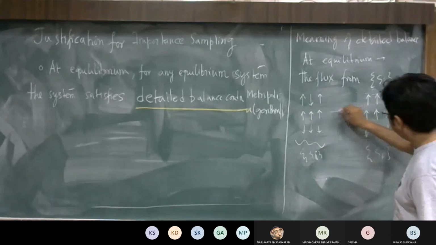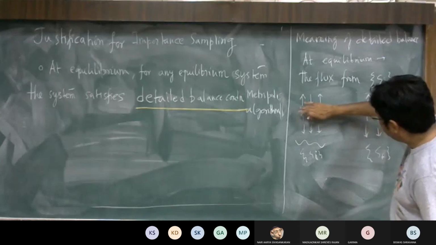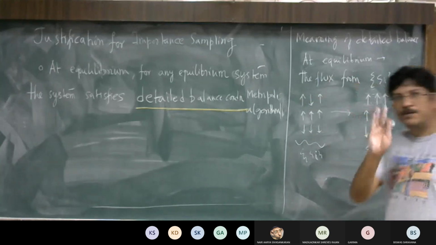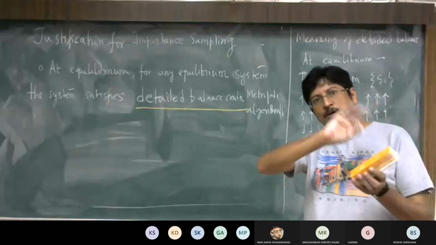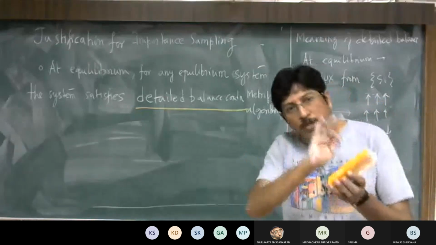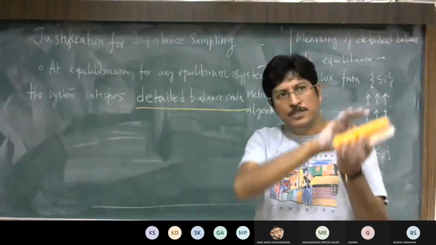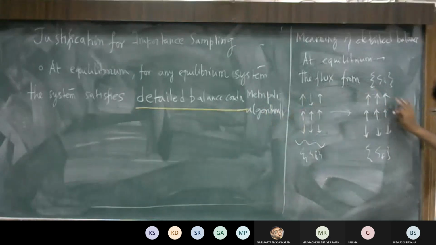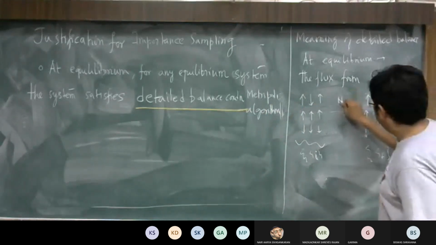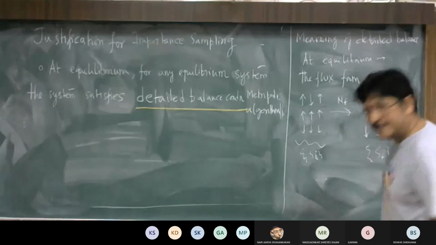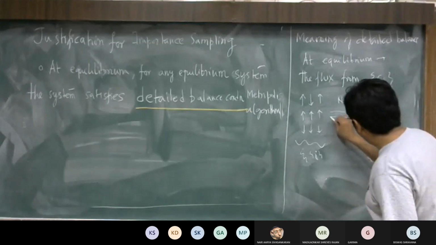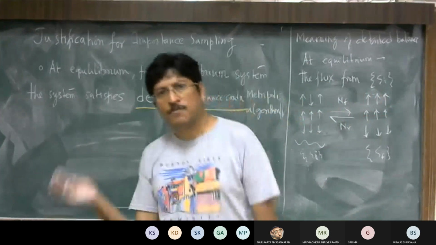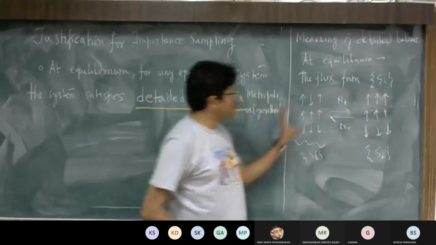Then the claim is that the flux, that means the rate at which this configuration changes to this, the total number of events that you would see of transformation from this particular configuration to this, let's call it N forward. This would be the same as the total number of events from this particular configuration to this.